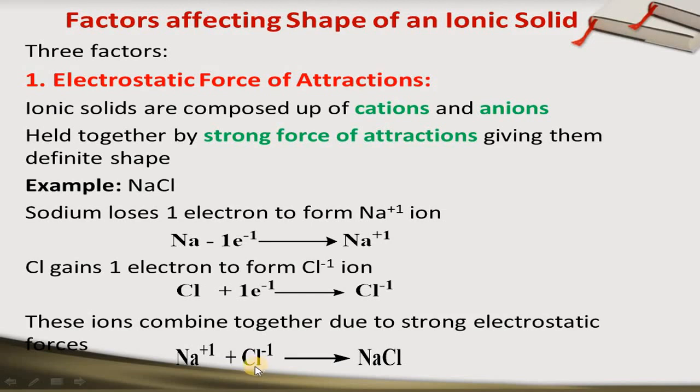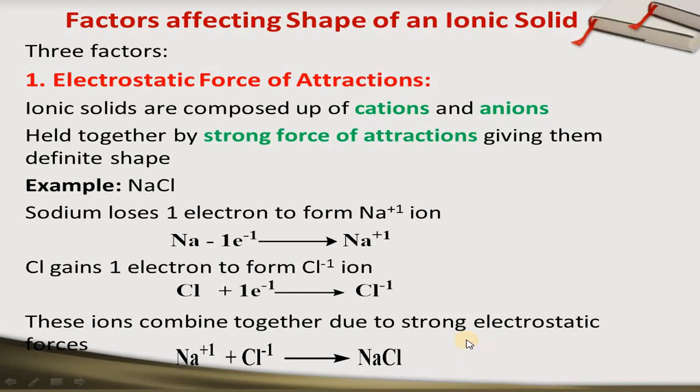Due to the combination of sodium and chloride ions, the cubic structure of sodium chloride is formed. It is an exothermic reaction, and the delta H for this reaction is minus 787 kilojoule per mole.